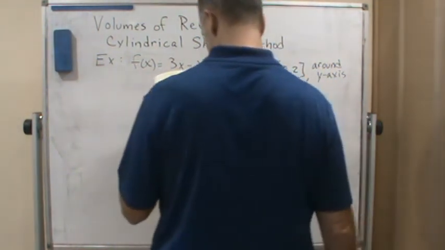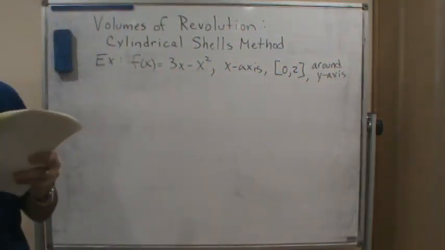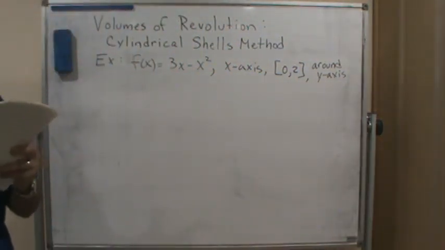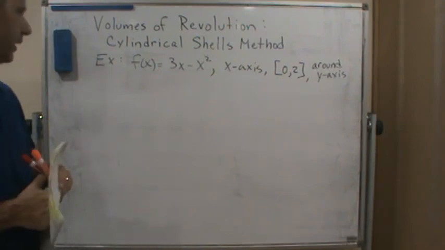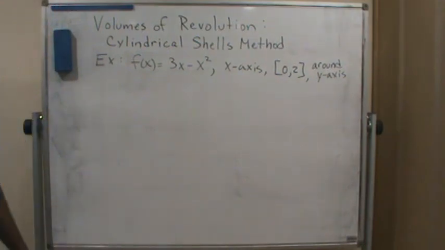So what they want you to do is, again, find the volume of the solid of revolution formed by revolving R around the y-axis. And so R is bounded by these.